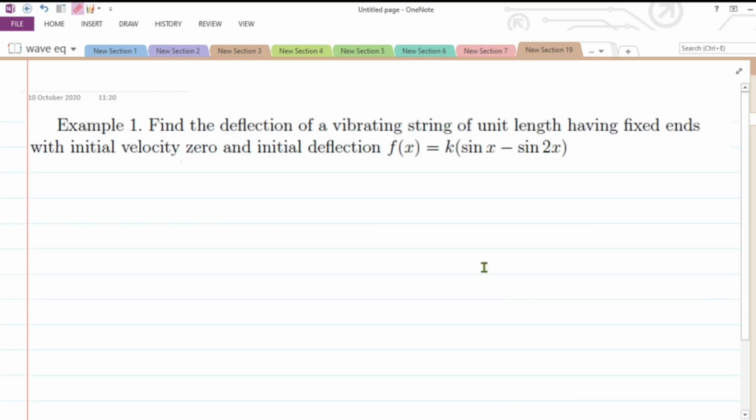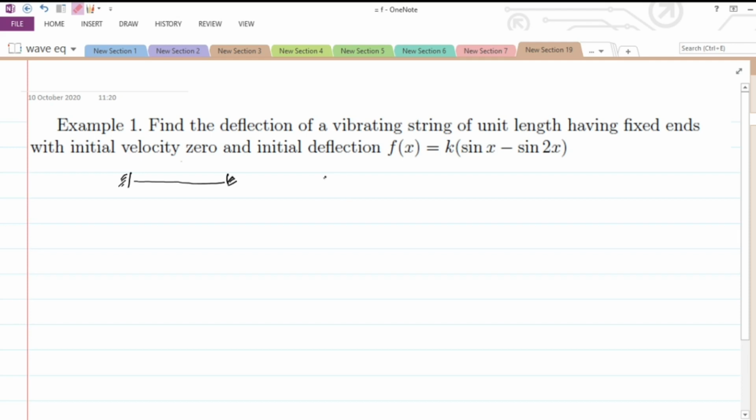Now let us have a look at one problem. Find the deflection of a vibrating string of unit length having fixed ends, with initial velocity 0 and initial deflection f of x equal to k into (sin x minus sin 2x). Clearly we have to find the vibration of a string which is attached at both ends and is allowed to vibrate with the initial deflection.